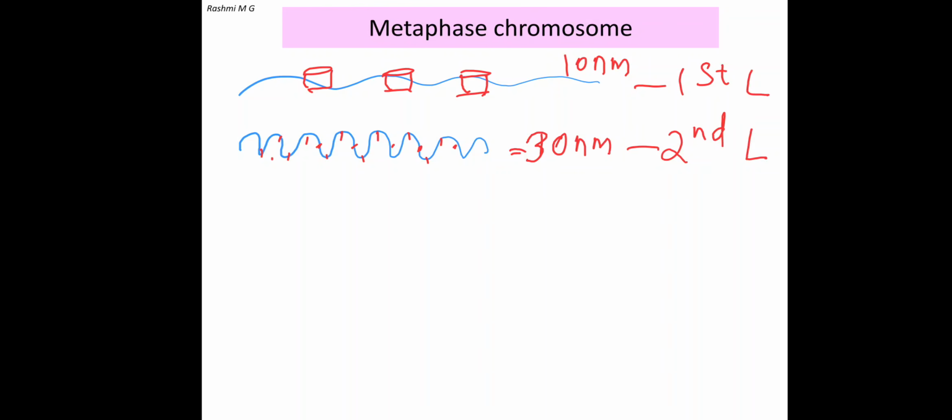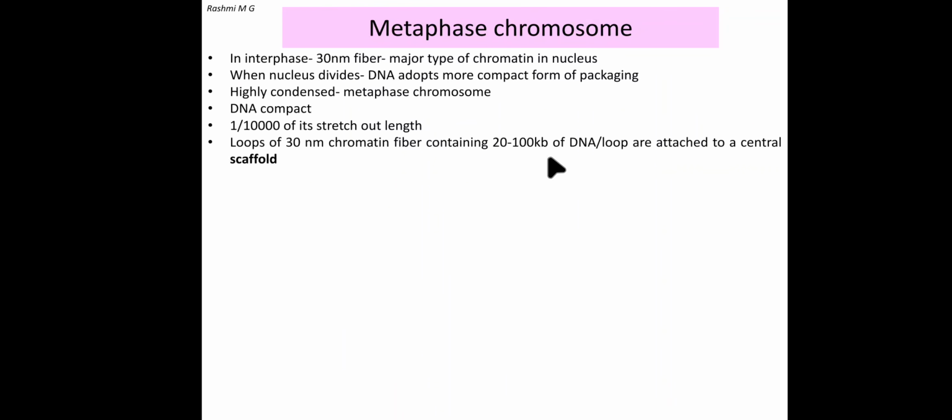There is protein scaffolding happening, which helps to form a compact packaged structure. So that is the metaphase chromosome. DNA is very compact, and the loops of 30 nanometer chromatin fiber containing 20 to 100 kb of DNA per loop are attached to a central scaffold. So there is a protein which gives support.